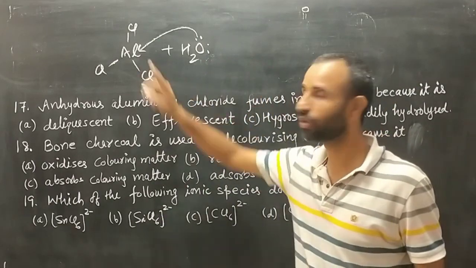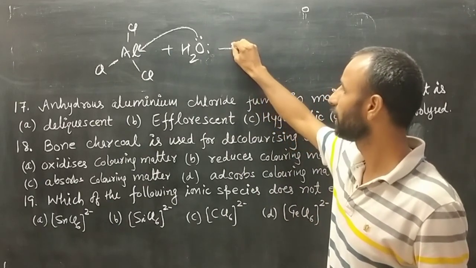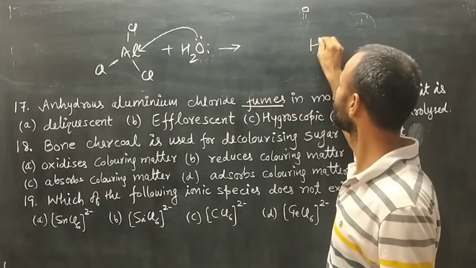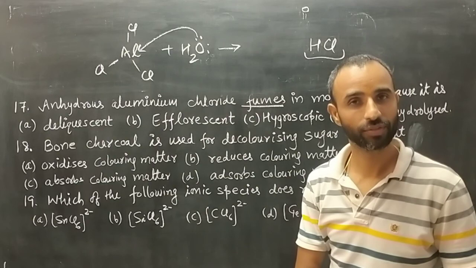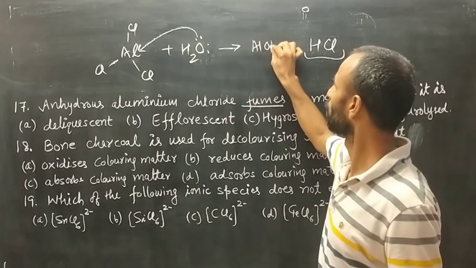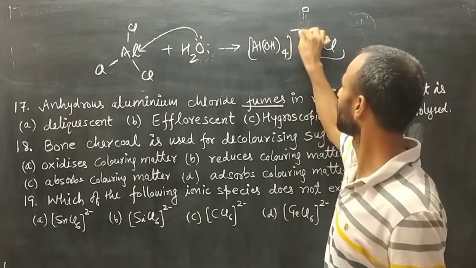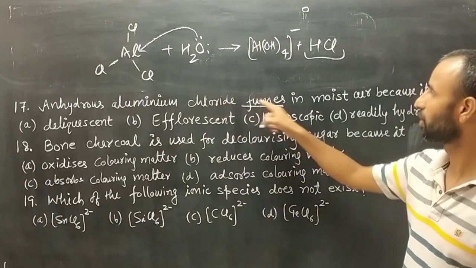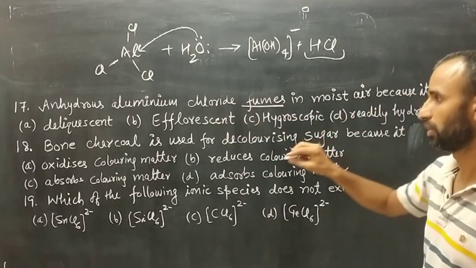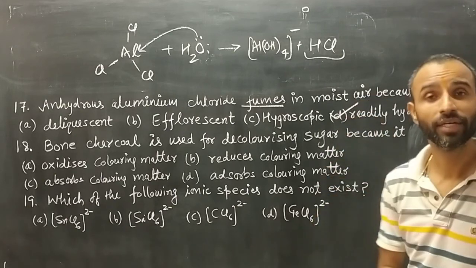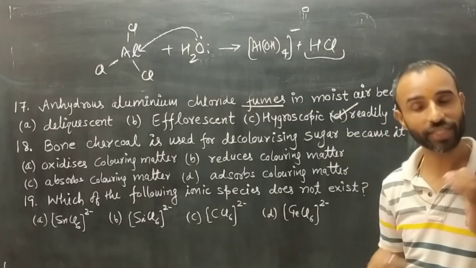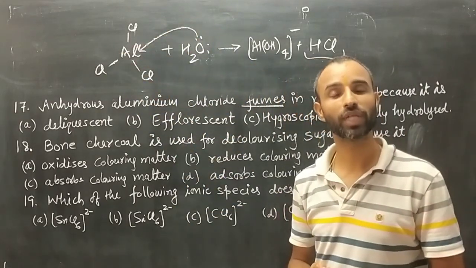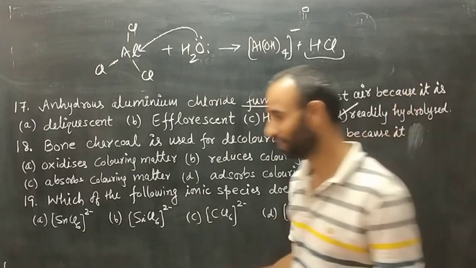Because it is electron deficient, it fumes in moisture, because it gives HCl along with Al(OH)4 negative, right? That means anhydrous aluminum chloride fumes in moist air because it is readily hydrolyzed. Why is it hydrolyzed? Because water can easily attack aluminium because of its electron deficiency, right? Okay, great.